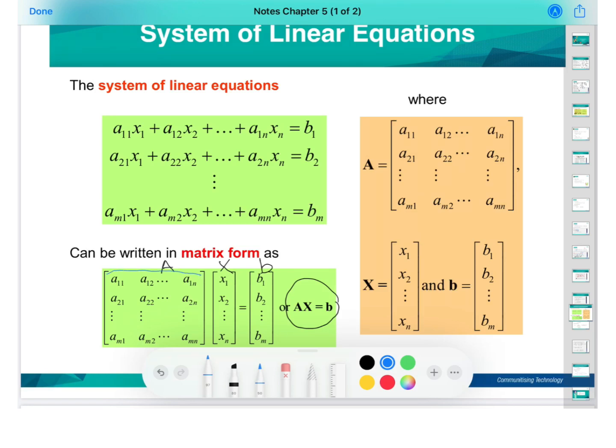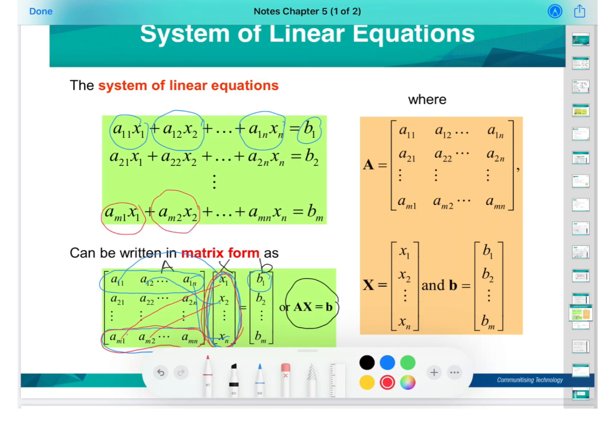If you multiply this row with this column matrix x1, then you will have a11x1 plus a12x2 until a1n xn, and everything equals b1. Likewise, if you multiply this row with this column, you will get am1x1, am2x2, plus until amn xn, and this equals bm.